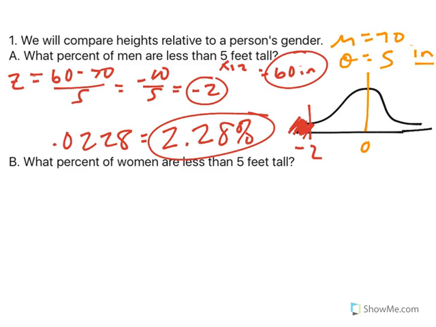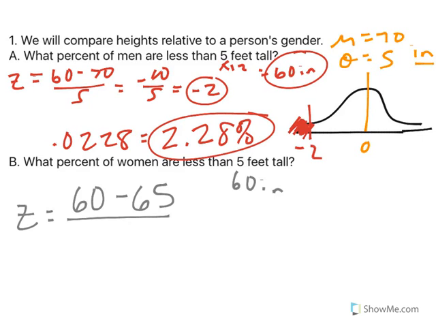Let's go to part B. What percent of women are less than 5 feet tall? Well, we already know that 5 feet is 60 inches, so find the z-score for women. Value minus the mean. Don't forget, the mean of a woman's height is 65 inches, and the standard deviation is 3.5. So I have negative 5 over 3.5, giving me a z-score of negative 1.4.